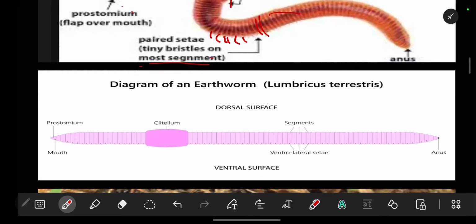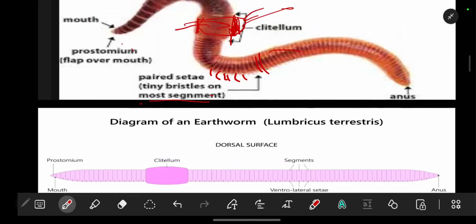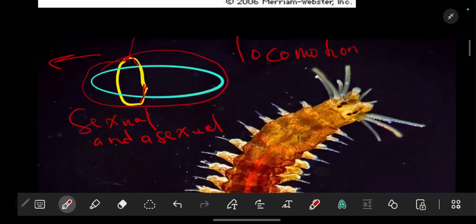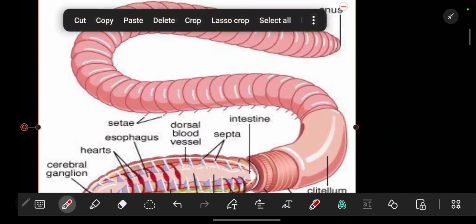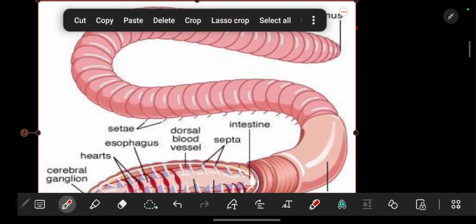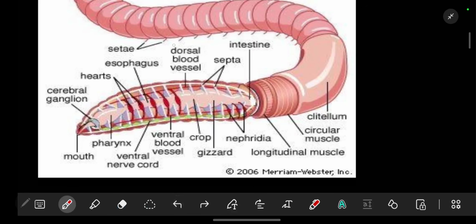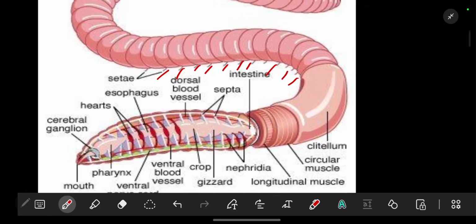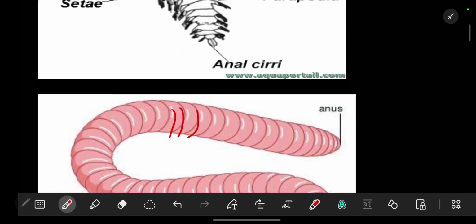In the other diagram, do we have any setae here? We don't. So we have a few, not in this one, but yes. These are what we refer to as setae. They have very few setae like that, and that's why they are referred to as Oligochaeta.